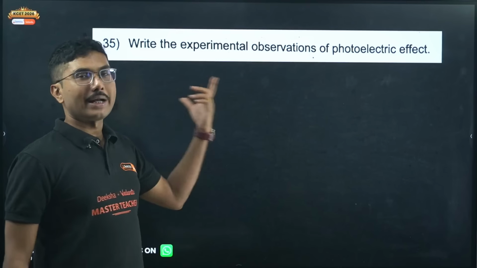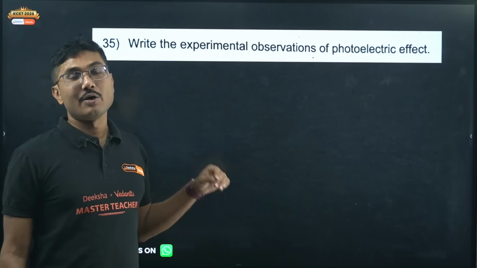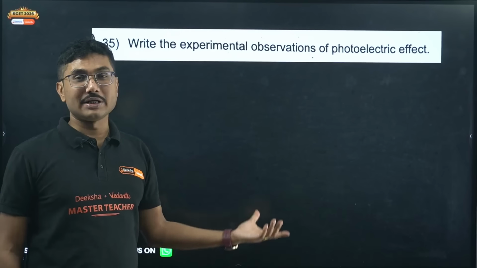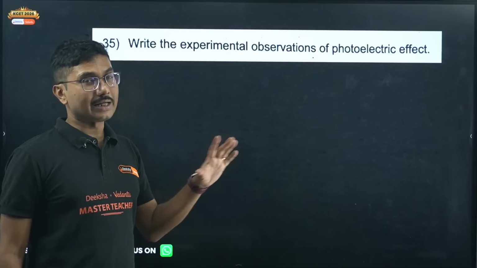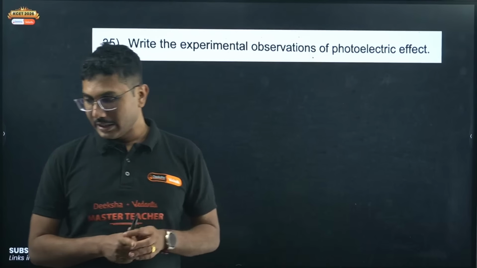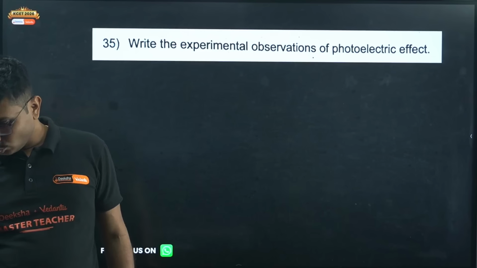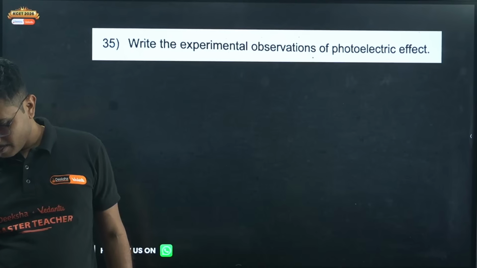And you might say that the photocurrent depends on intensity, whereas the kinetic energy of the electron depends on frequency. These are the 4 major observations of photoelectric effect. E is equal to h nu was not an observation. Okay.